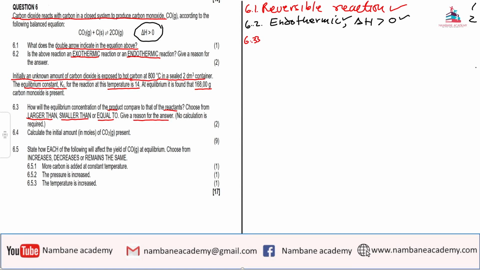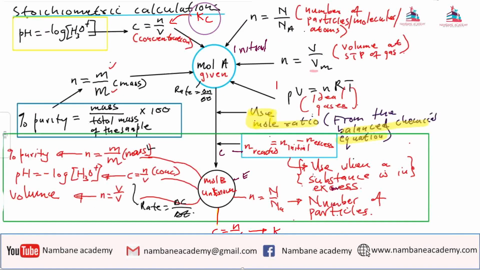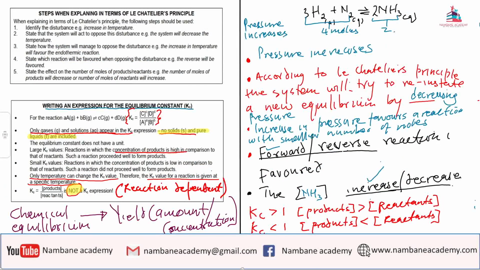What did we say? We said we can only look into the Kc value. The Kc value is greater than 1. What did we say? I think we wrote it somewhere here to say that if Kc is greater than 1, let me just use a highlighter.